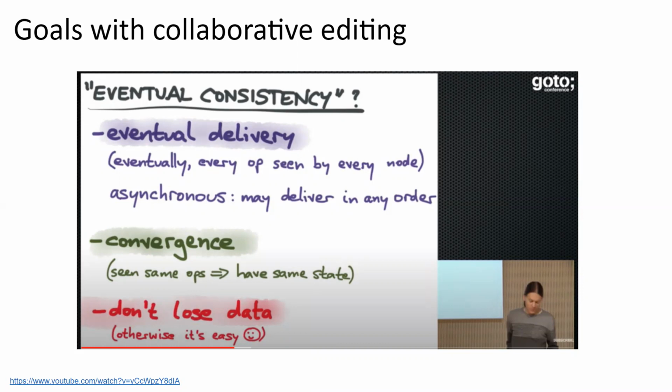But in general, when you're talking about things like collaborative editing, it would be very frustrating and wouldn't really serve the client if one of the clients ends up losing their data. So these are the general properties that we aim for when we talk about collaborative editing.